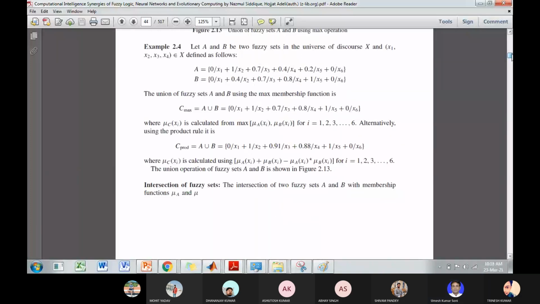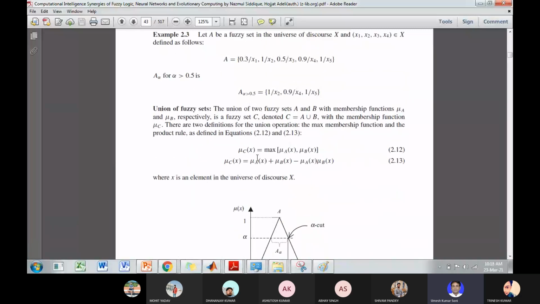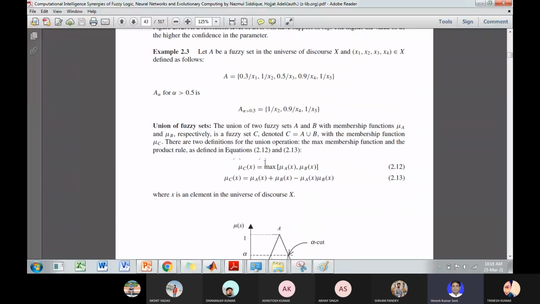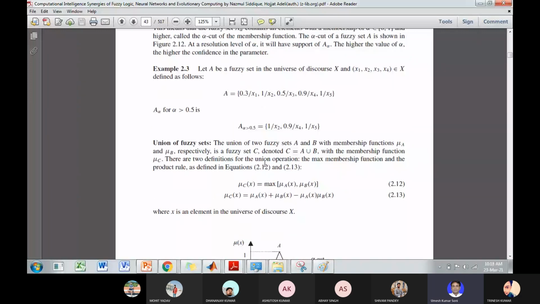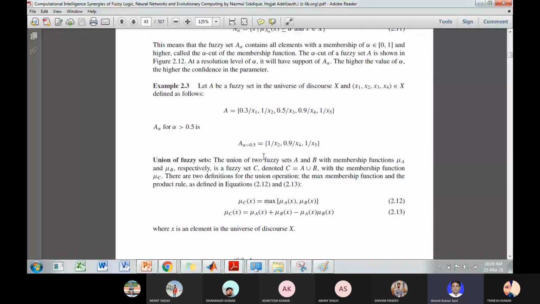In membership functions, AND and OR, you see here, this is the union of sets. Product is minimum and this is maximum.